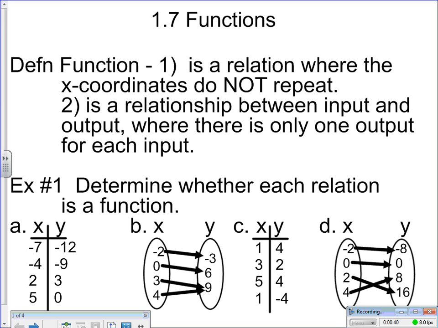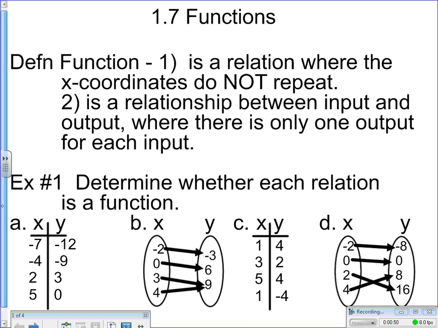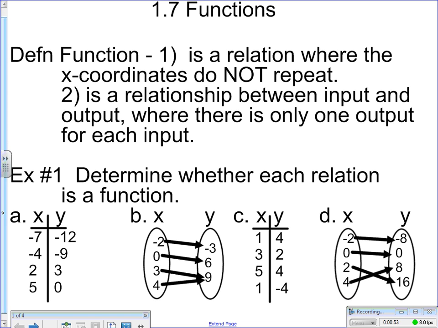Now in example 1, we have 4 relations, 2 tables, and 2 mappings. Our job is to determine which of these are functions. So what we're looking for is, do the x's repeat? If you notice, this is a 7, 4, 2, 5. Those are all 4 different numbers.